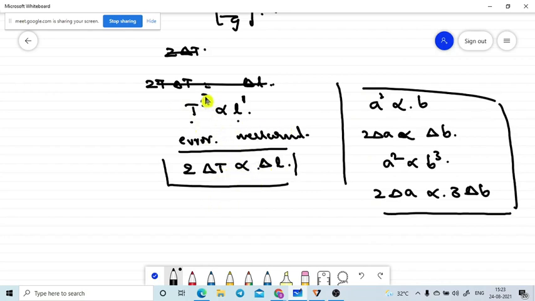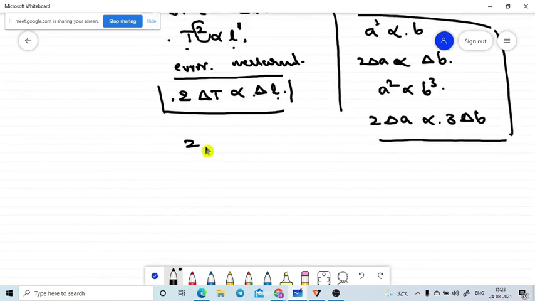As the power is there, we are comparing the errors in the time as well as the length. So if the length gets an error, the time will also get an error. This is the formula. Now I am removing the proportional: 2 delta T is equal to some constant into delta L. We are not concerned about this constant.